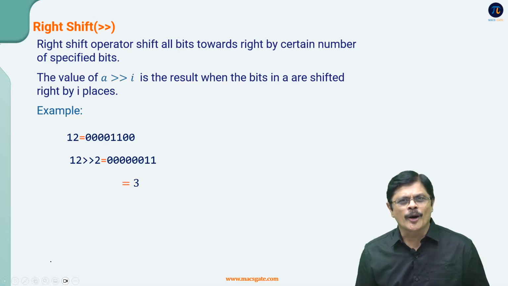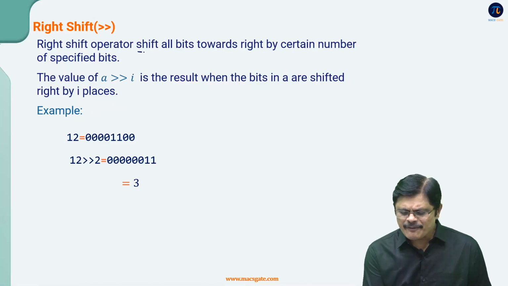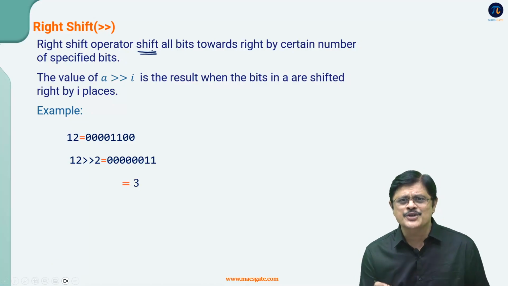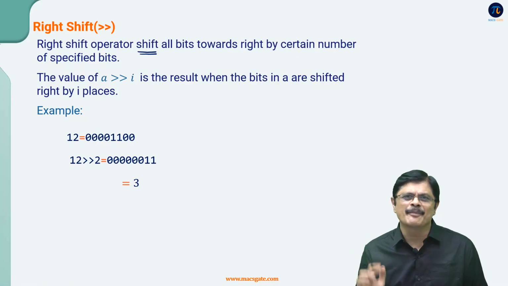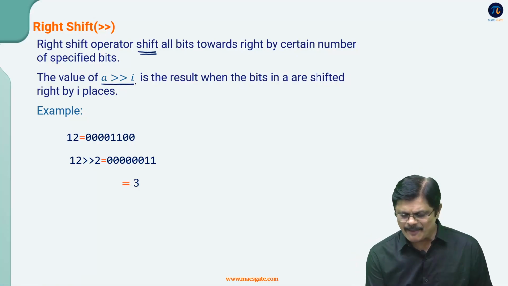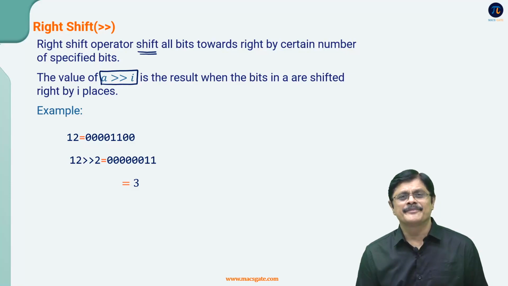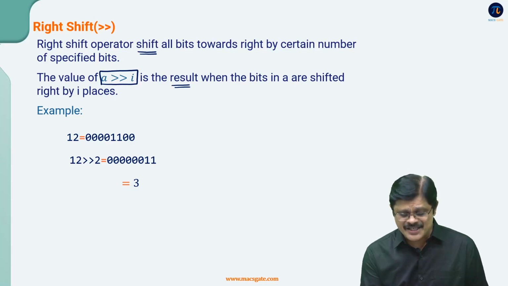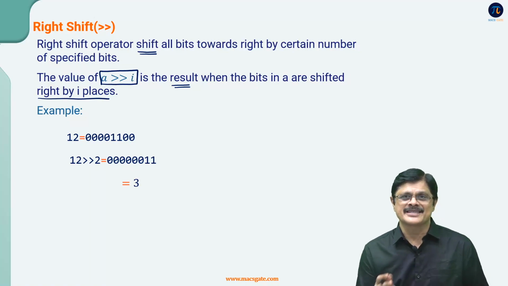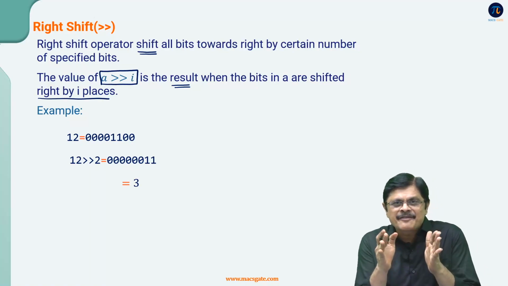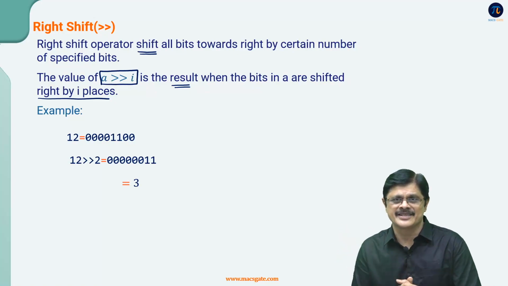The right shift operator. See, the right shift operator shifts all bits towards the right by a specified number of bits. So, for example, if I write A right shift I, what is the result, sir? The bits in A are shifted right by I places.